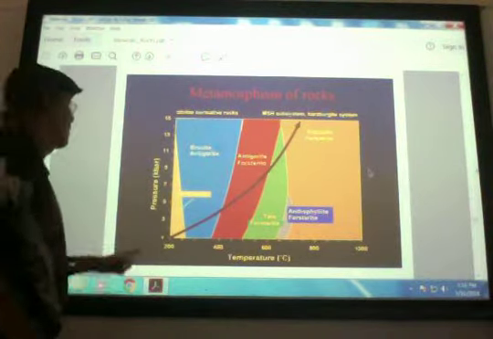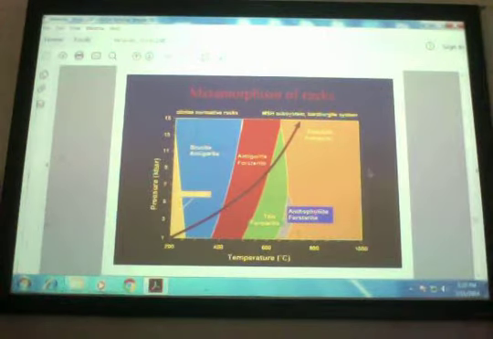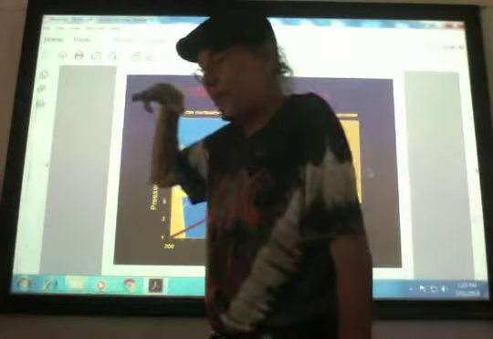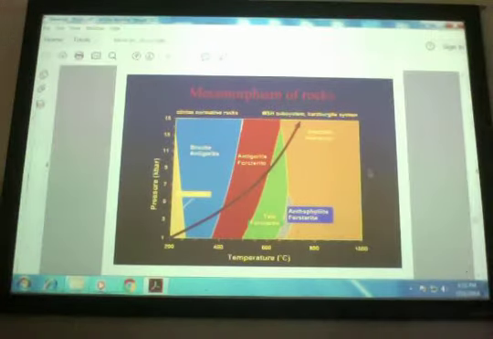So therefore, your slab will become hydrated. And if it is not that strongly hydrated, then it will become subducted, yeah? So then you have cracks going down up to 75 kilometers, yeah?